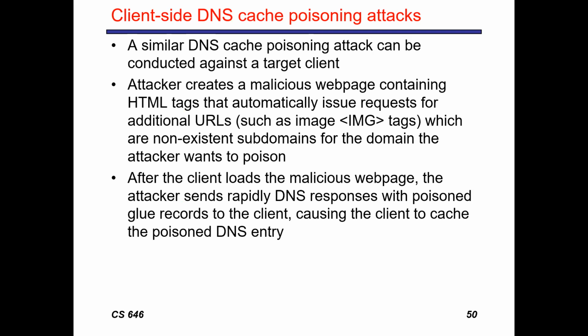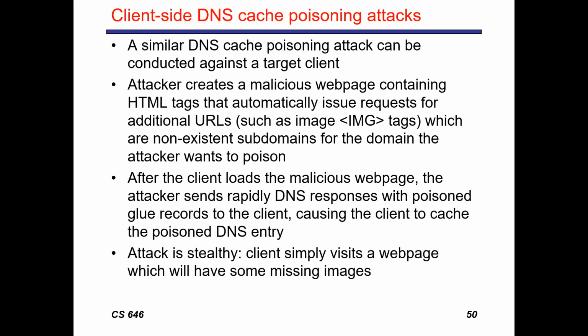So the attacker will send back the reply to the queries for those images or URLs that were embedded within that web page, which will cause the client to cache the poisoned DNS. He will again send these glue records to the client, and the client will cache these results in its own local DNS cache entry.